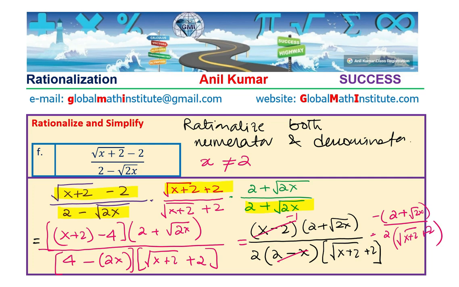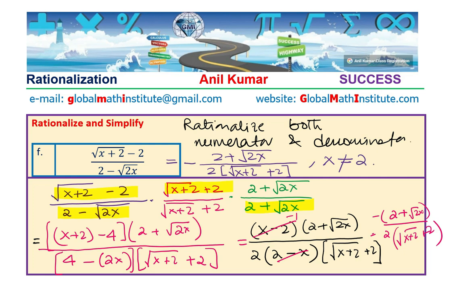Let me erase this now. So this expression is now equal to minus (2 plus square root of 2x) divided by 2 times (square root of x plus 2, plus 2). Correct? And of course, x is not equal to 2. That still remains the restriction for us, right?